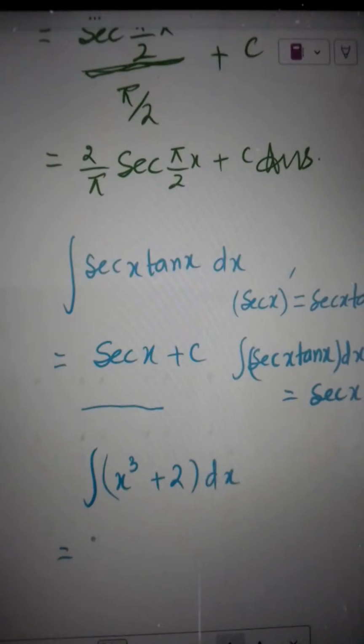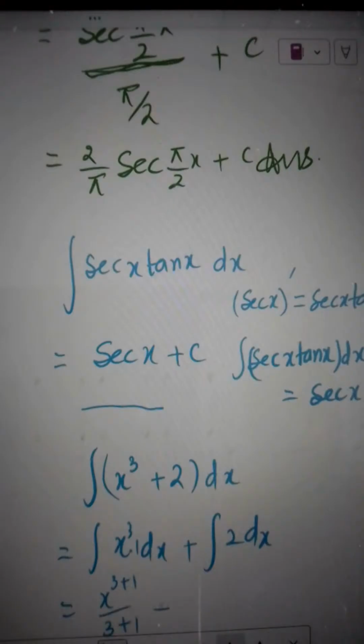First we separately apply the integral operator on both of them. For x cube, we increase the power of x by 1, and the derivative of x is 1. The 2 is the derivative of 2x, so its antiderivative or integration is 2x plus c.